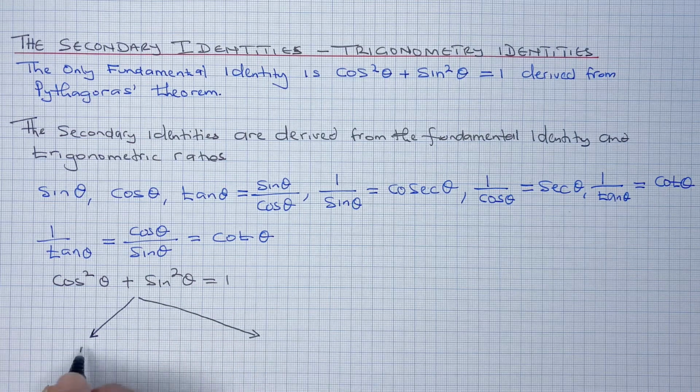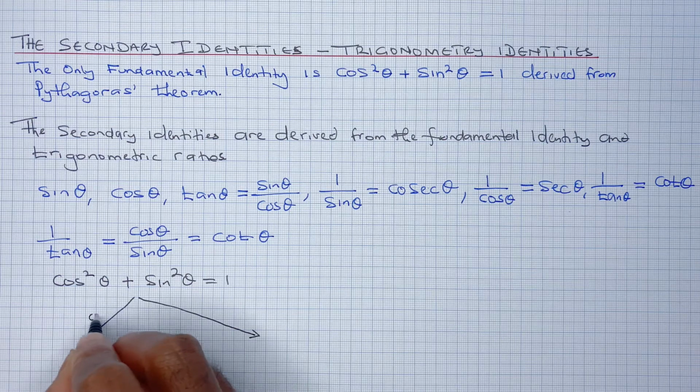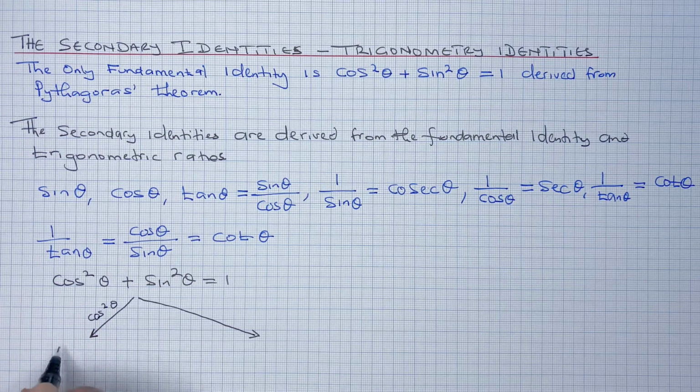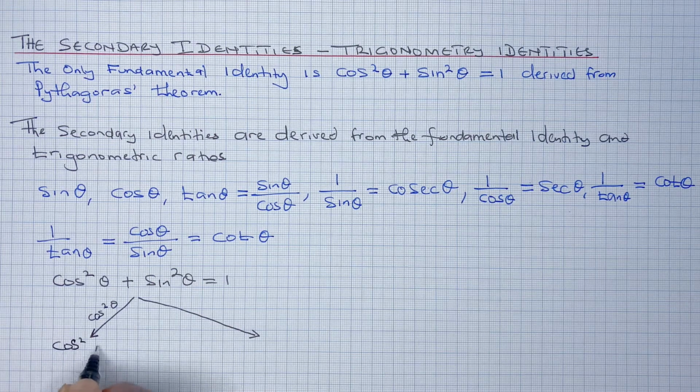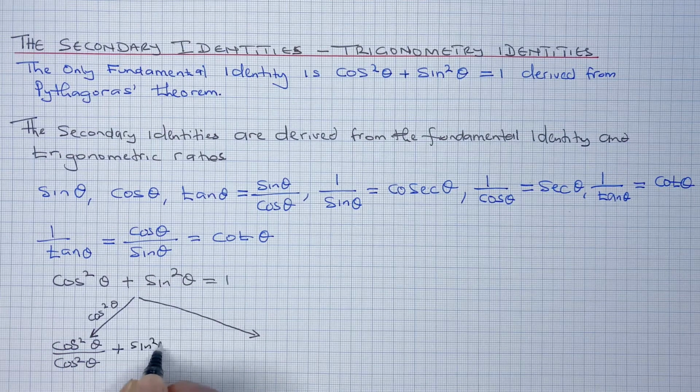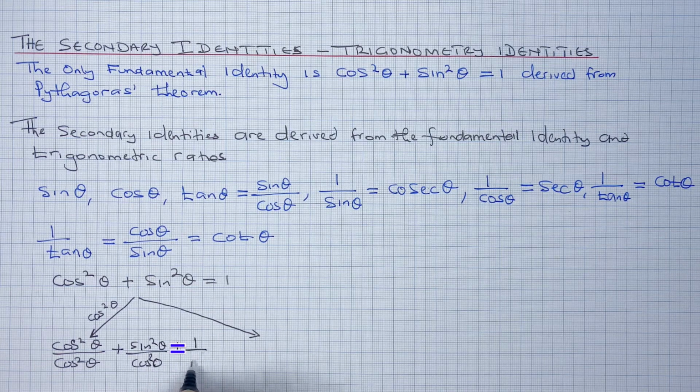So if we divide it by cos squared theta, we get cos squared theta over cos squared theta plus sine squared theta over cos squared theta equals 1 over cos squared theta.